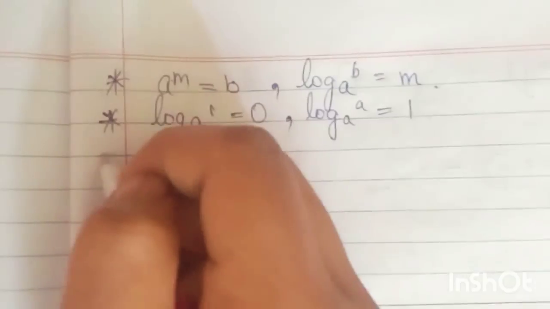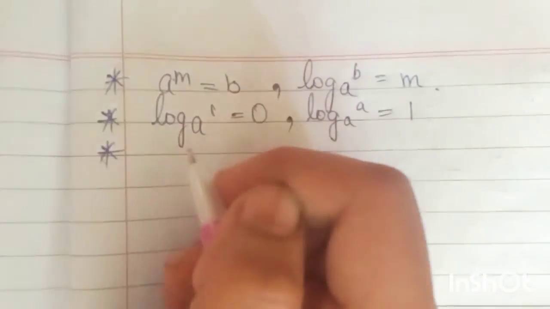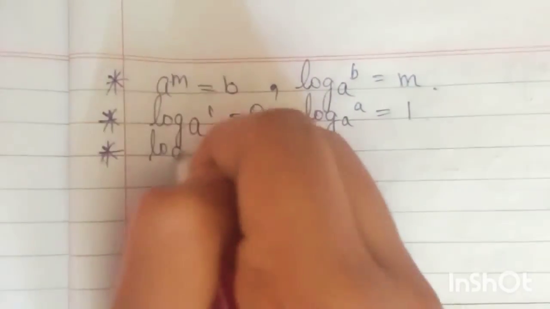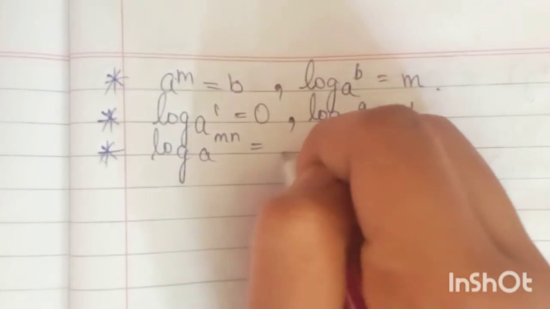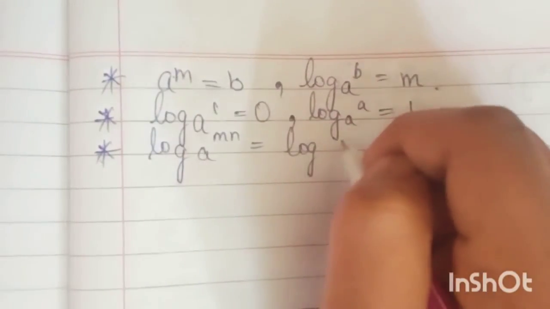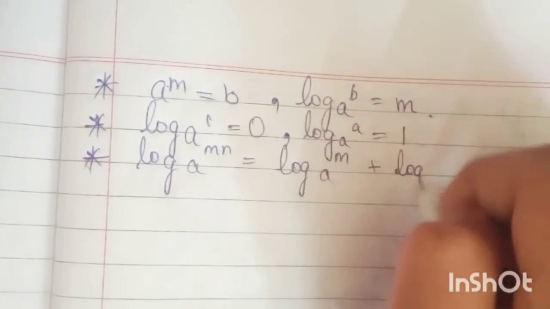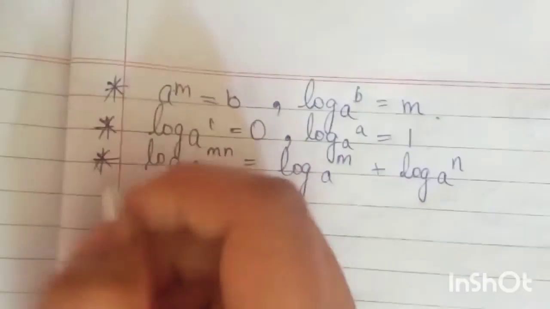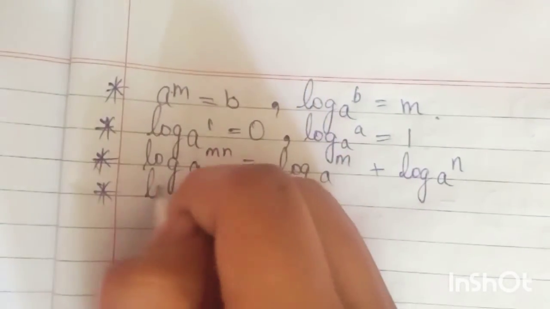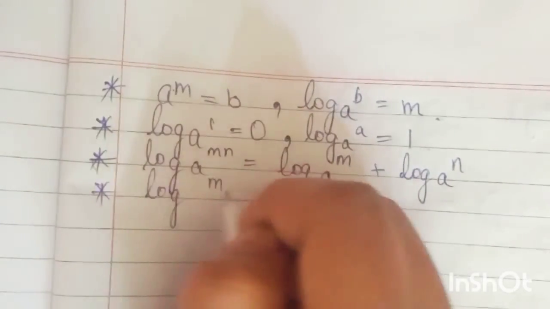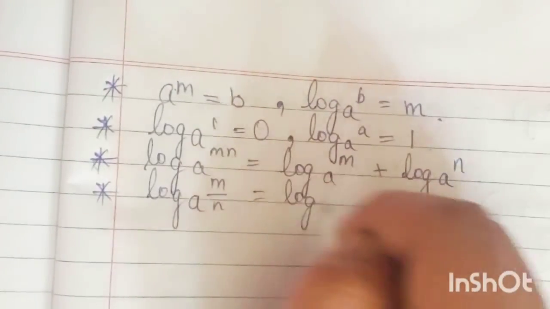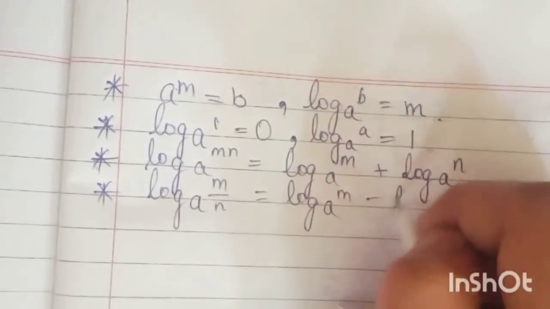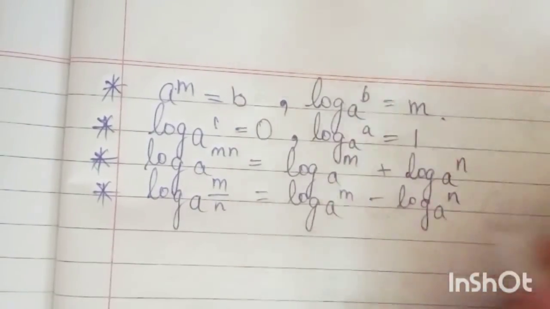Then the third point: if log m into n to the base a, then what will be the answer? Log m plus log n to the base a. Fourthly, log m by n to the base a is log m to the base a minus log n to the base a.